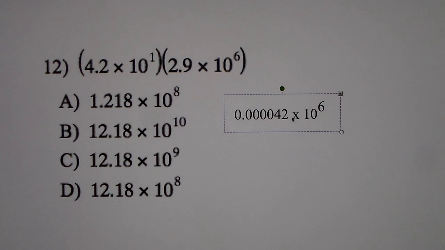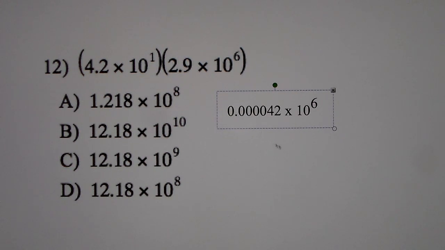I'm going to take that number and multiply it by 2.9 times 10 to the 6. Since they're the same times 10 to the power of 6, we're going to multiply our two coefficients, that 2.9 and the 0.000042. I'm going to do that on the calculator. 0.000042 times 2.9.